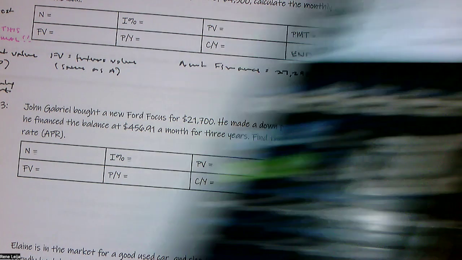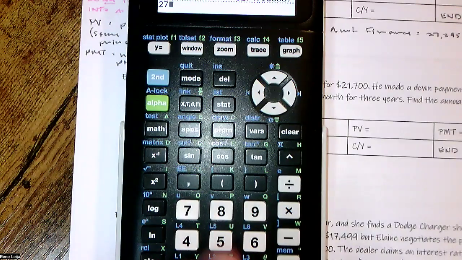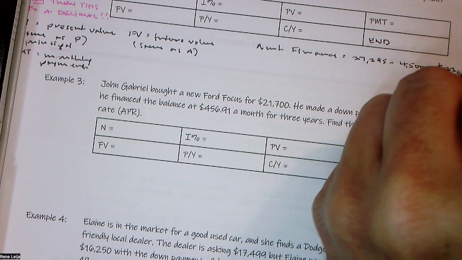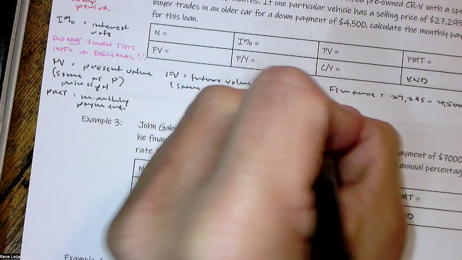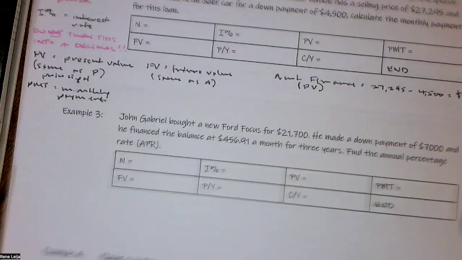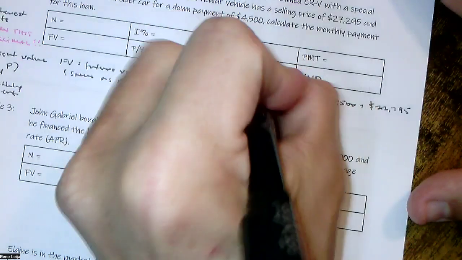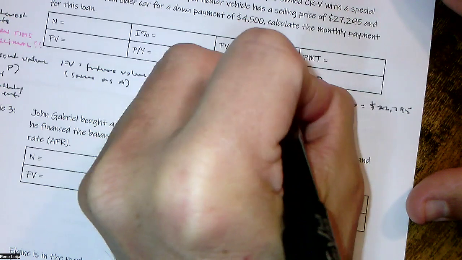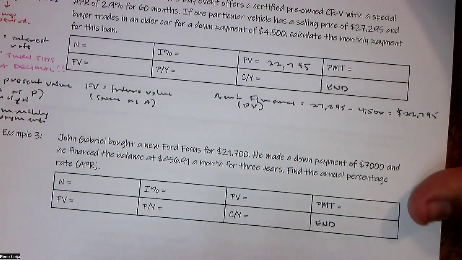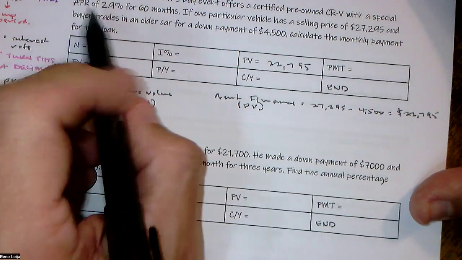So 27,295 minus 4,500 is $22,795. The amount financed is going to be the PV. That's your present value. Okay. So I'm going to write it in here: 22,795.